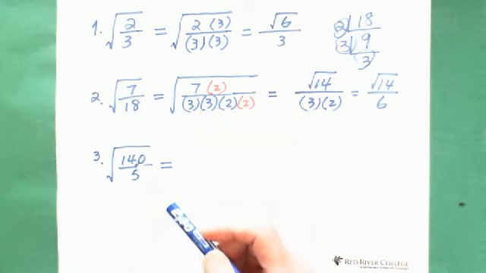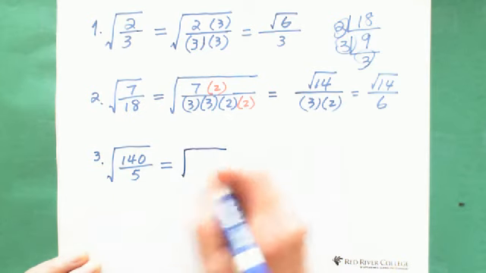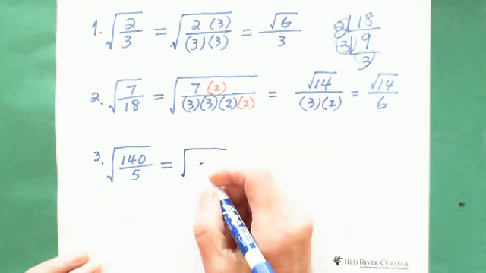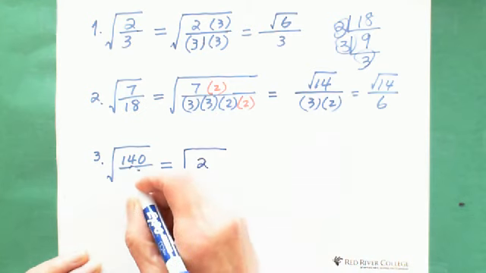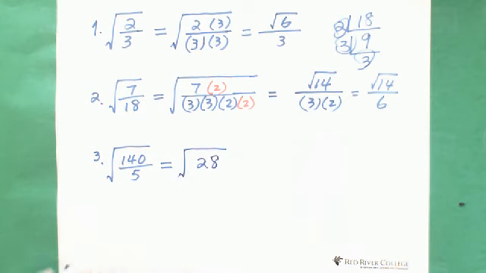Because the last digit is 0, 140 is divisible by 5. So let's divide: 140 divided by 5 is 28, since 5 times 8 is 40.